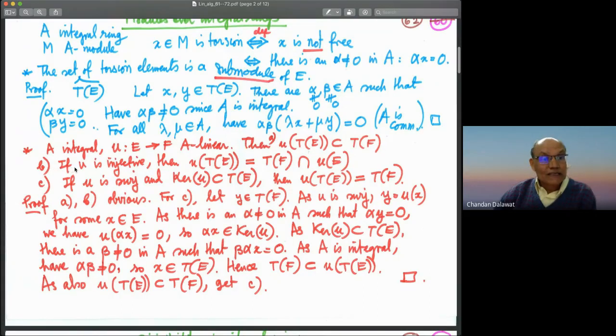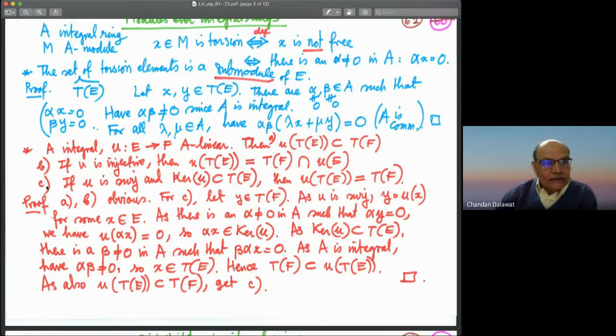The second one says that if this map U is injective, then U takes the torsion subgroup of E to the intersection of the torsion subgroup of F with the image of E. And this is also more or less obvious.